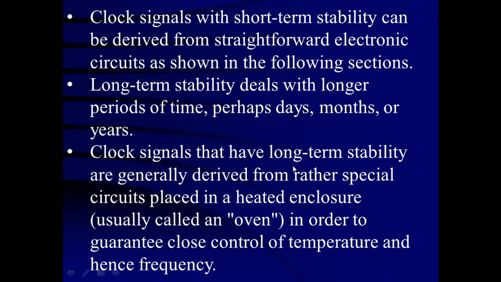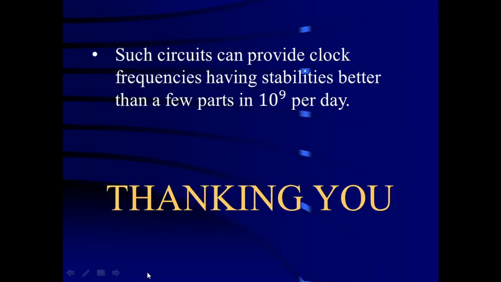The clock signals that have long-term stability are generally derived from rather special circuits placed in a heated enclosure, usually called an oven, in order to guarantee close control of the temperature, and hence its frequency can be controlled and stable.